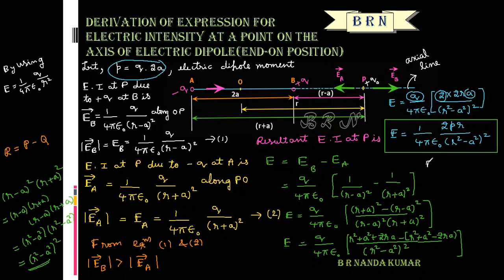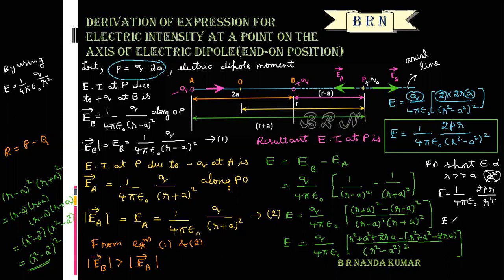But for a short electric dipole, r is much greater compared to a, so a square is negligible. Then the above equation becomes E is equal to 1 divided by 4 pi epsilon naught, 2pr divided by, since a square is negligible, (r square) whole square is r power 4.